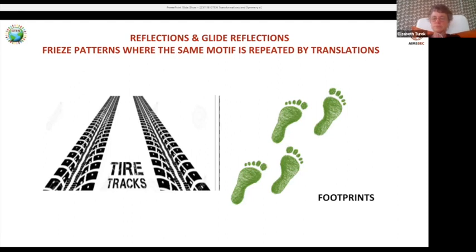As you walk along, your footprints leave marks like you see in the picture, and those are what we define as a glide reflection. So whereas with the tire tracks we've got reflection, with the footprints we've got glide reflection.